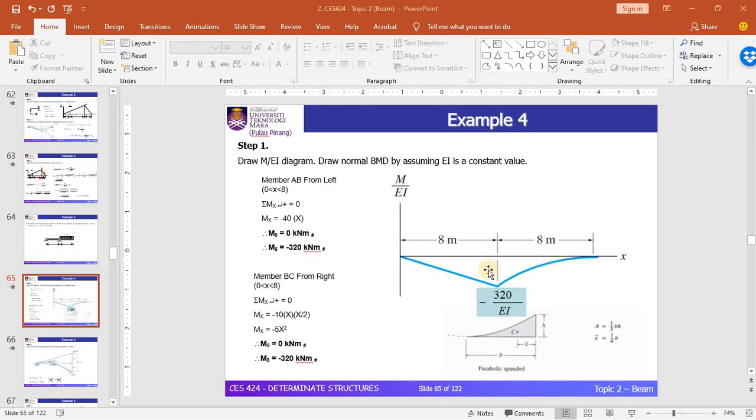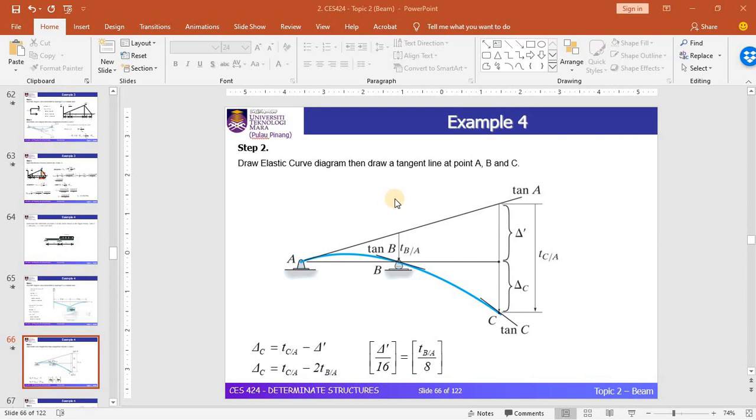Let's move on to the second step, which is the elastic curve diagram. This is the elastic curve diagram for the problem, based on the UDL applied along BC. As usual, you need to draw the tangent lines.